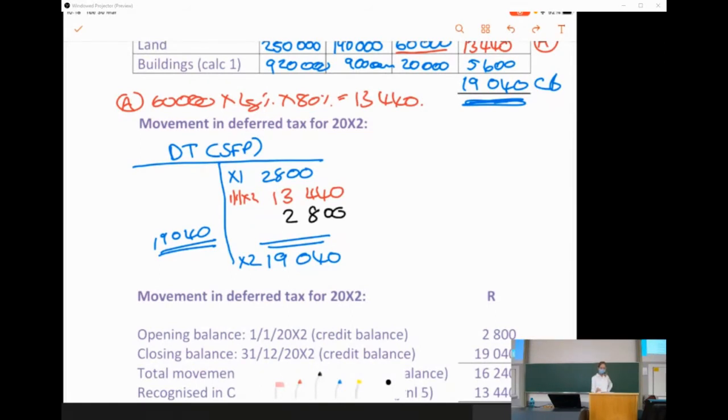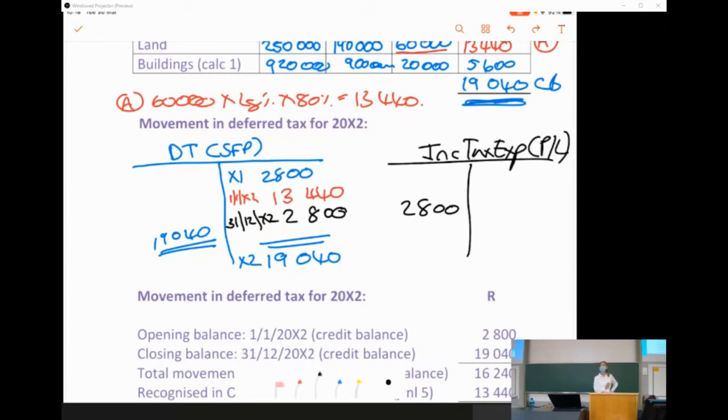Is it right? 16, 17. Oh. Okay, so this will now happen on the 31st of December X2. And the debit is going to go to my income tax expense, P&L. Got that? You see that?